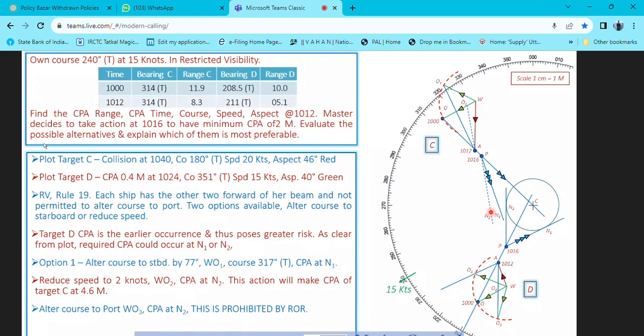And once you find the O2 point, we know that O2 to A has to be the line of approach. Yes, sir. So that's how we got the dotted line.